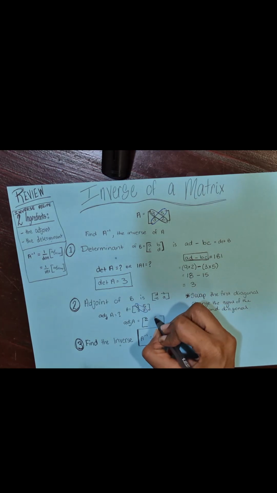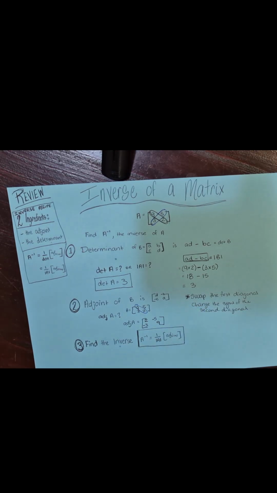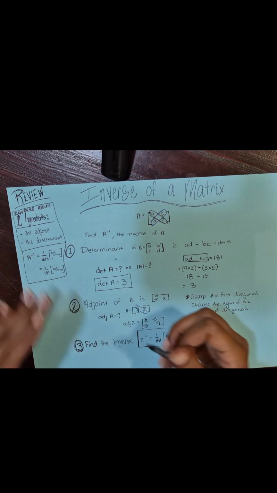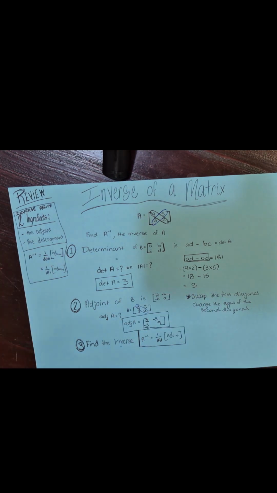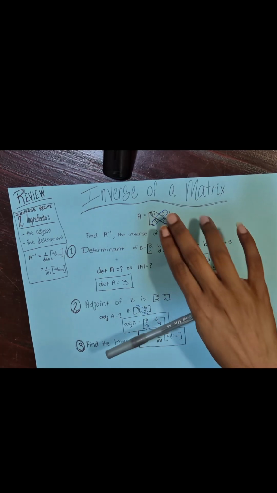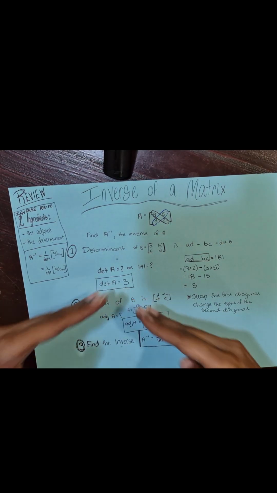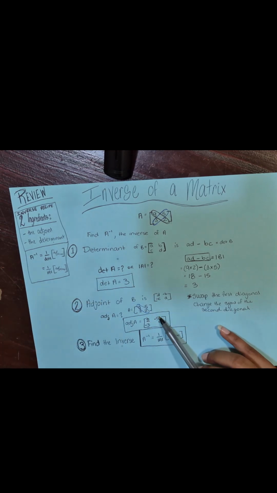This 5 is positive, so now it's going to become negative, and this 3 is positive, so now it's going to become negative, and I found the adjoint. So I found the second ingredient. All I had to do was switch the 9 and the 2 and change the signs of the 5 and the 3.